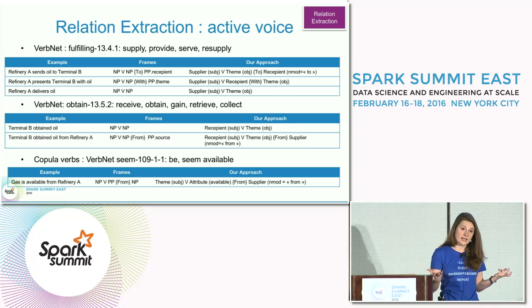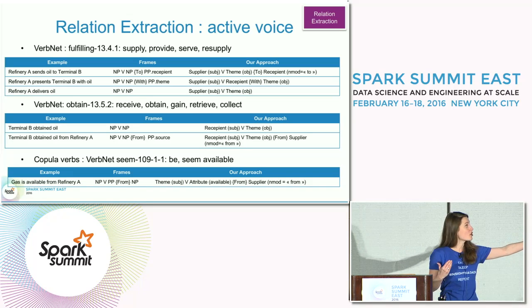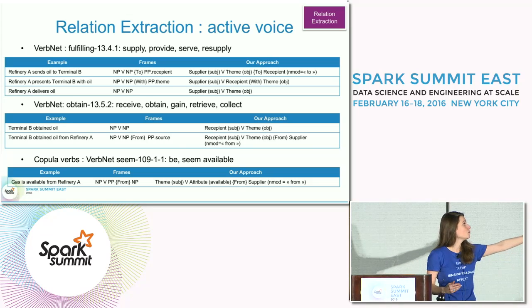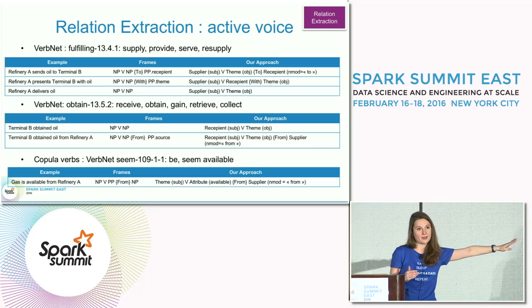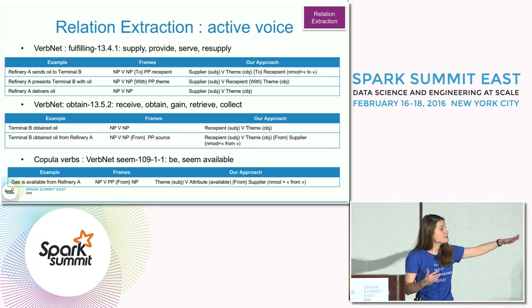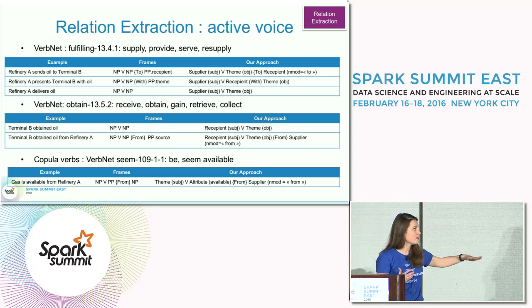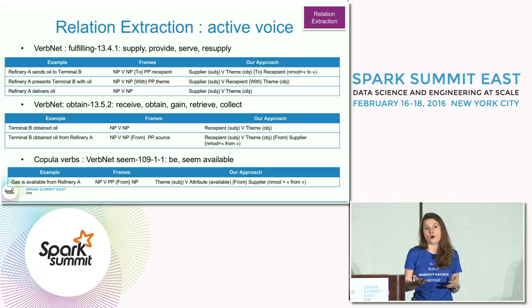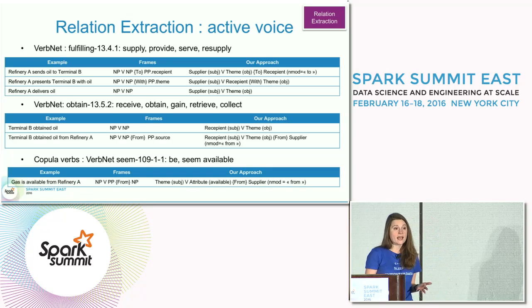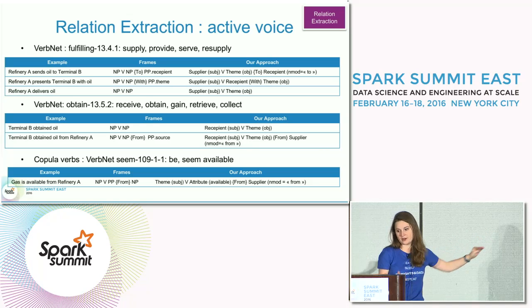Then the object extracted would be either the theme, the object of the delivery, or a recipient, depending on the preposition. The preposition to would mark the recipient, or the preposition with in the second example sentence would mark the theme. In total we have 6 similar cases, for both active and passive voice, that create these pattern extraction rules, and all of them are a function of the principal or root verb, okay?